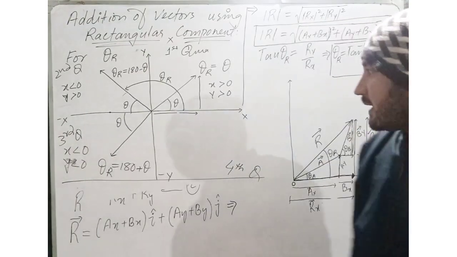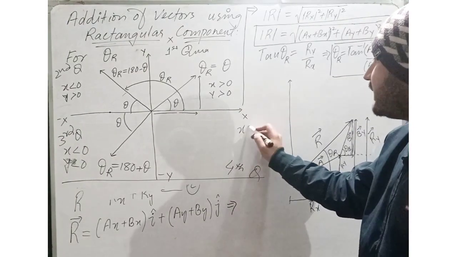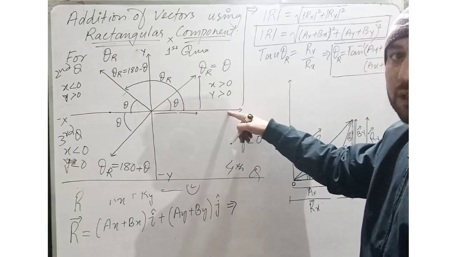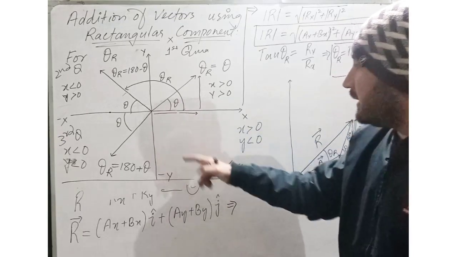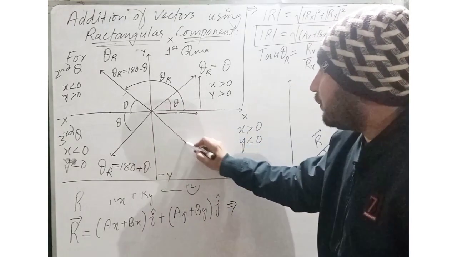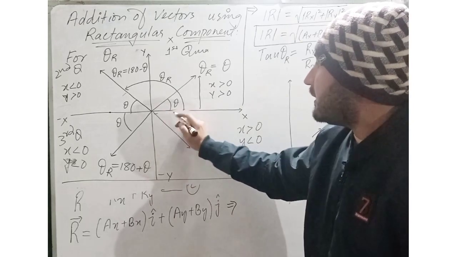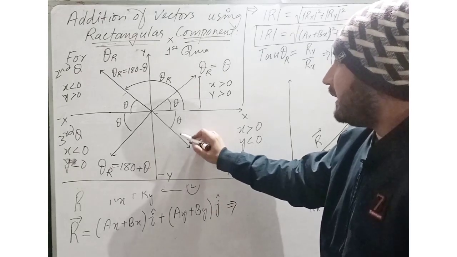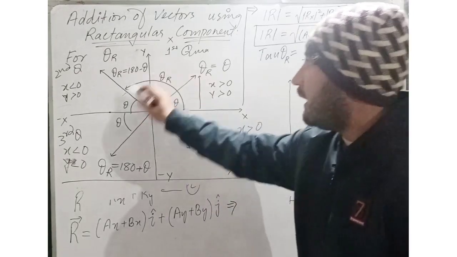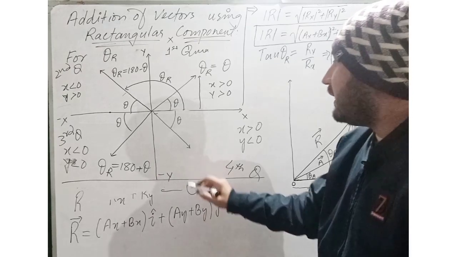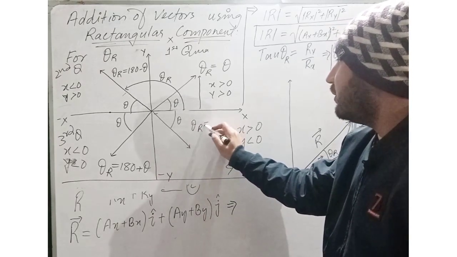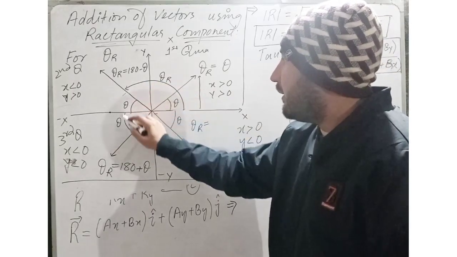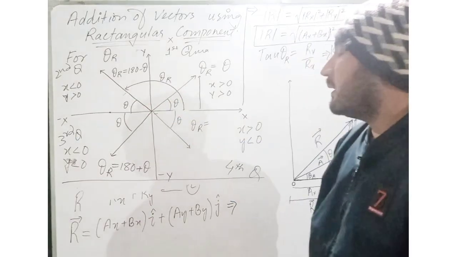Okay, the last case, when x is greater than 0, positive, but y is less than 0. So in such a case our vector will be lying in the fourth quadrant, and let's say it is making an angle theta with the x-axis. Now we know that we measure angle anti-clockwise. So for measuring theta r, when we complete a cycle, the total angle would be 360 degrees.